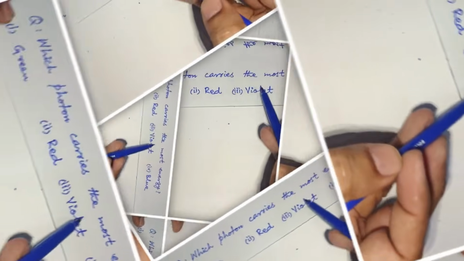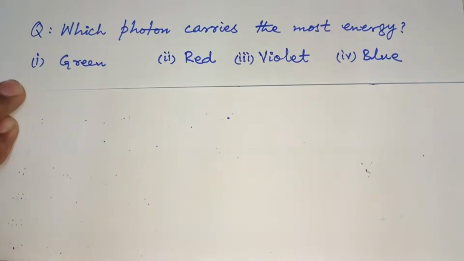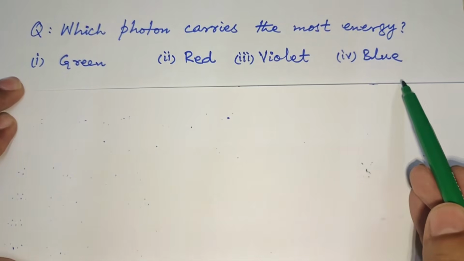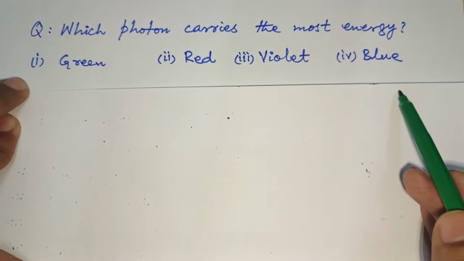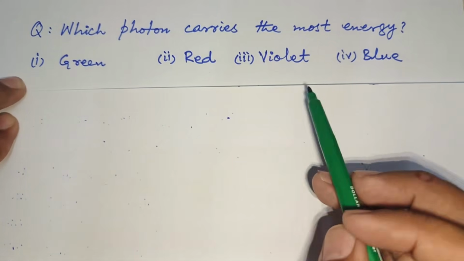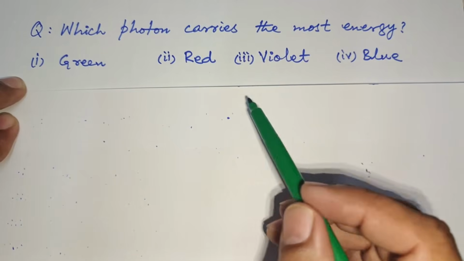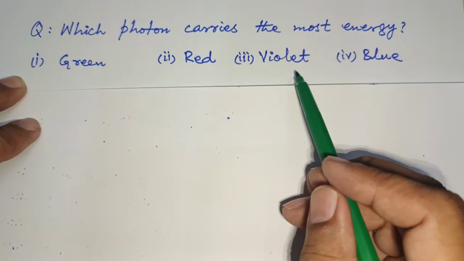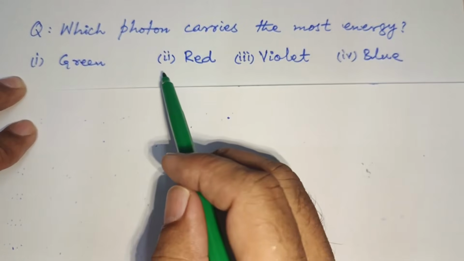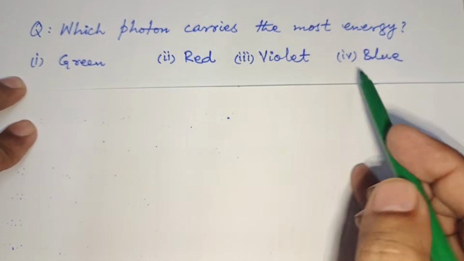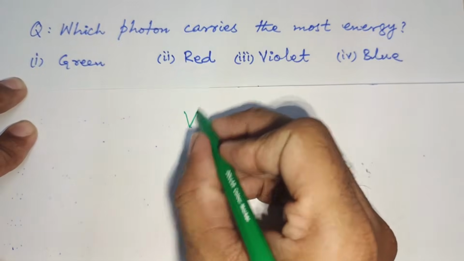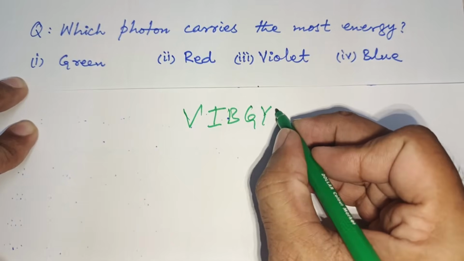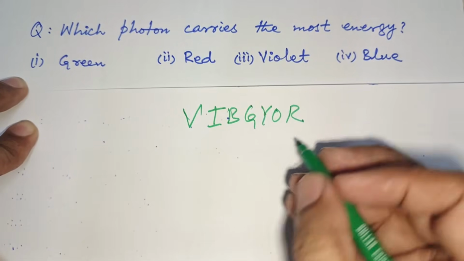Which photon carries the most energy? Green, red, violet, blue. From our electromagnetic spectrum, we know that the energy of the violet light is maximum and that of red light is minimum, and green and blue lie between them, as we have an electromagnetic spectrum in which the visible region is denoted by VIBGYOR.